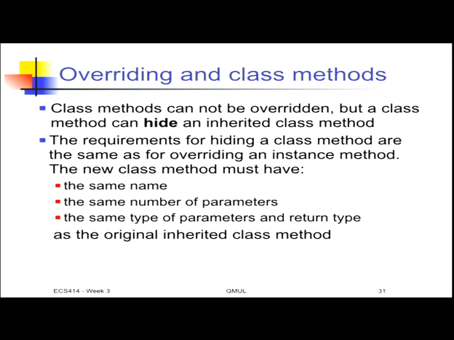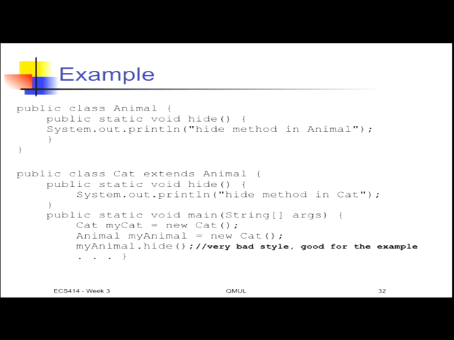There is some subtle difference there, because class methods only refer to the type, whereas instance methods refer to the objects. Here is an example. Suppose we have this class Animal, which has a class method hide.